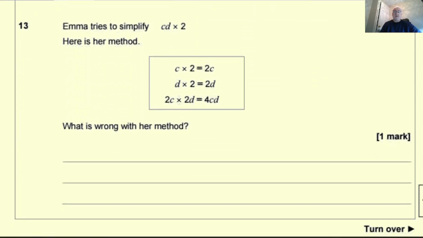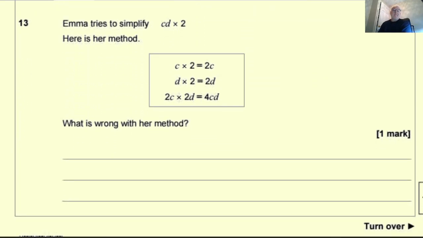Question 13. Emma tries to simplify CD times 2. Her method is C times 2 equals 2C, D times 2 equals 2D, 2C times 2D equals 4CD. What's wrong with her method? It's very easy on questions like this to just look at her method and then follow exactly the same thing.